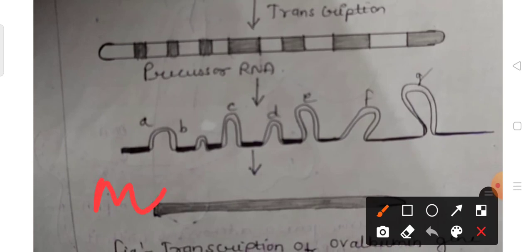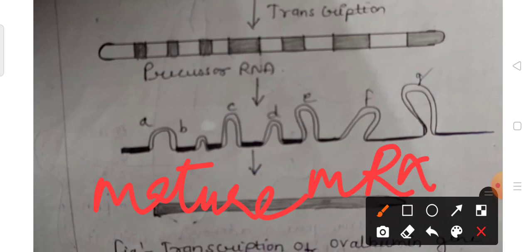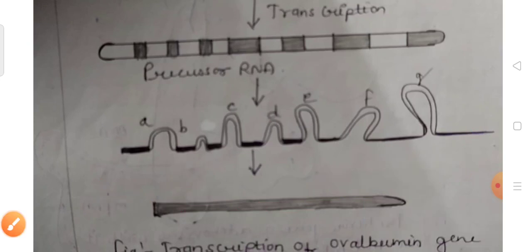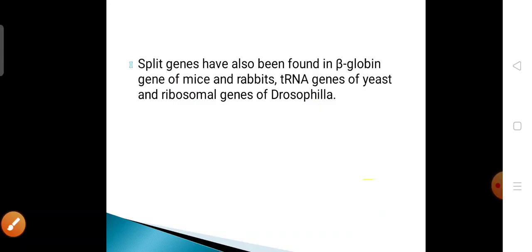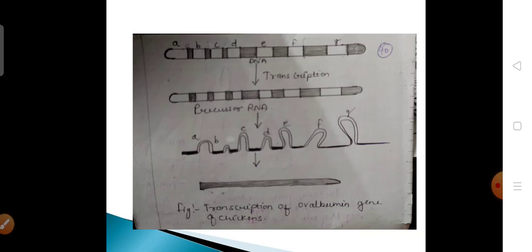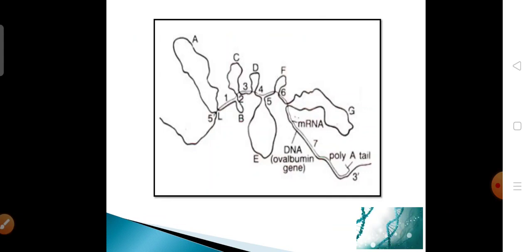Only the mature mRNA will take part in protein synthesis. So you can see that the length of the mature mRNA is shorter than the length of the DNA. This is how transcription of the ovalbumin gene of chicken takes place.